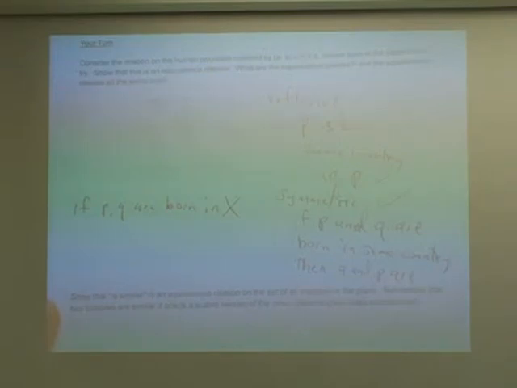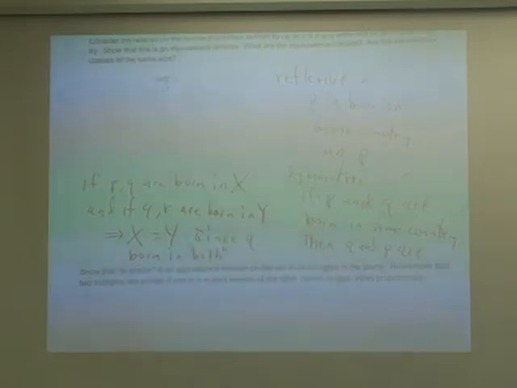How about transitive? If P, Q are born in country X, how do I finish up transitive? Same if Q, R are also born in the same country, born in Y. Then P and R are born in the same country.